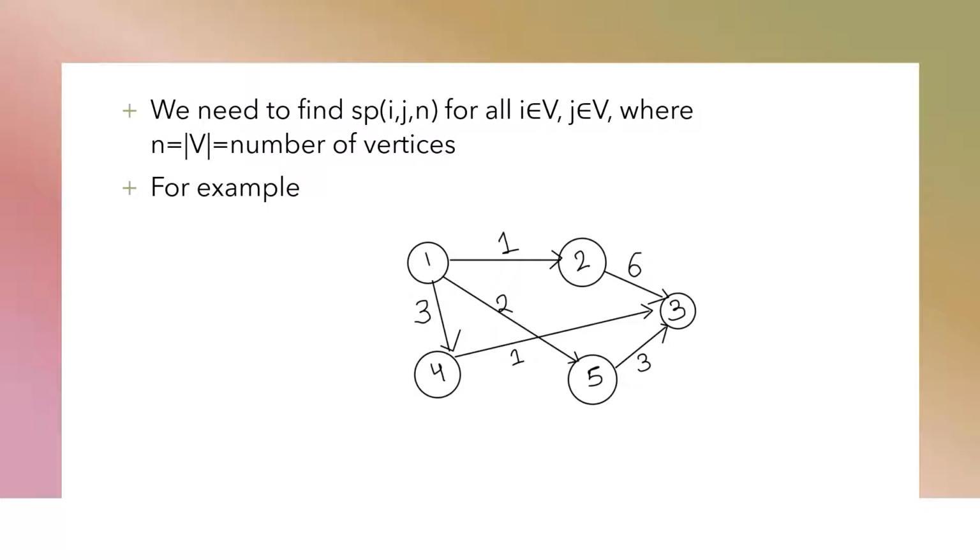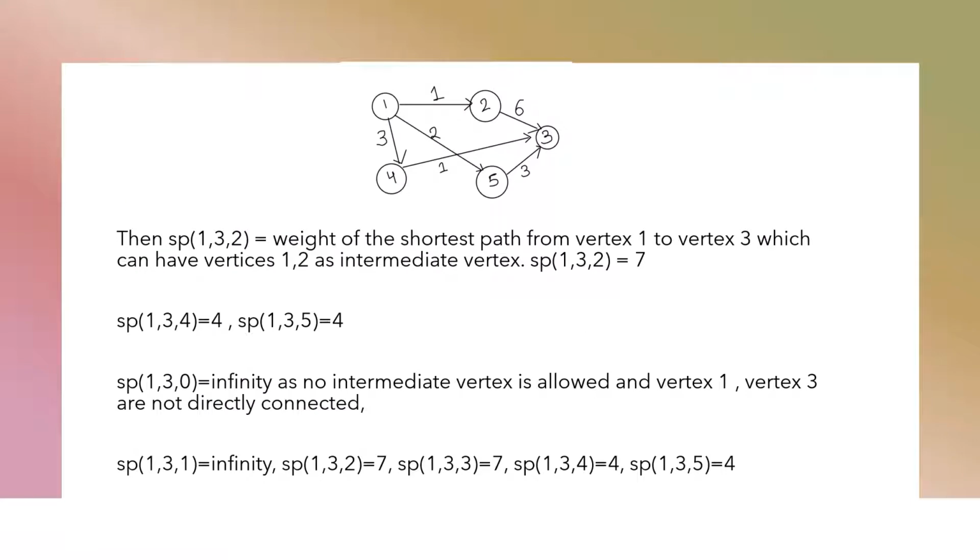For example, we have taken this figure. The function given here is for i, j = 1, 3 and k = 2. That is the weight of the shortest path from vertex 1 to vertex 3, which can have vertices 1 and 2 as intermediate vertices. Moving from here to here, we have this distance as 7, through 1, 2, 3, where 1 and 2 are intermediate vertices.